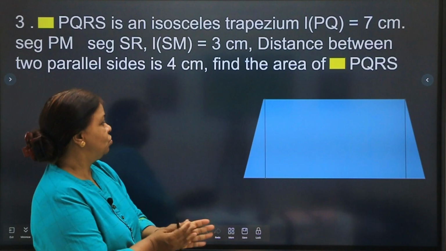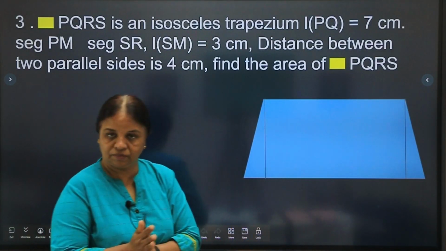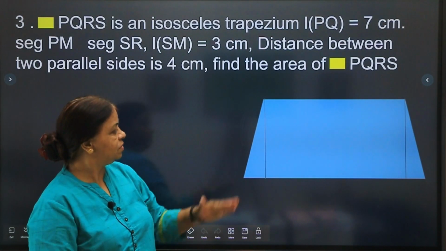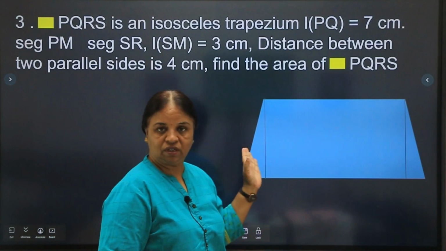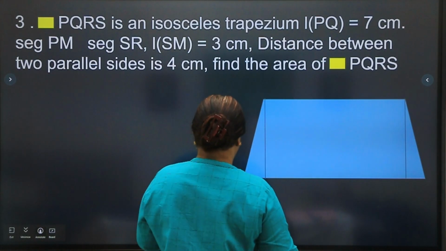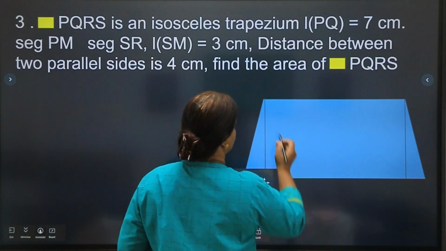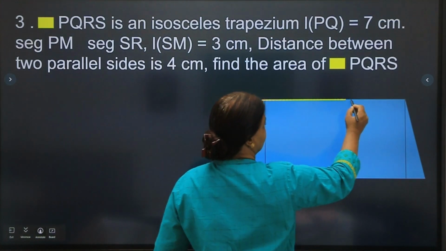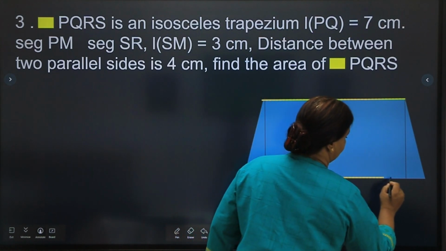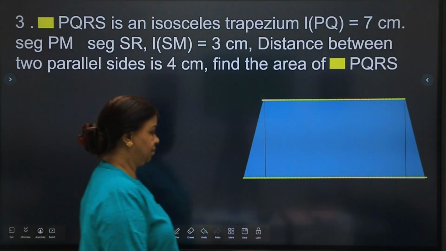In a trapezium, two sides are parallel. Here they have told isosceles trapezium. Isosceles means two sides are equal. Which two sides are equal? This is one side and this is another side, which are parallel to one another.